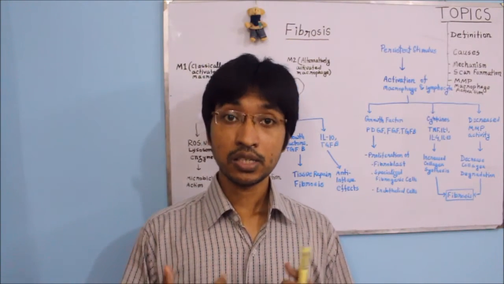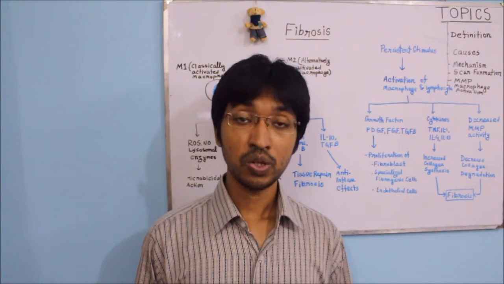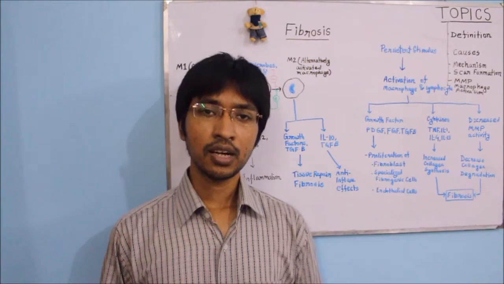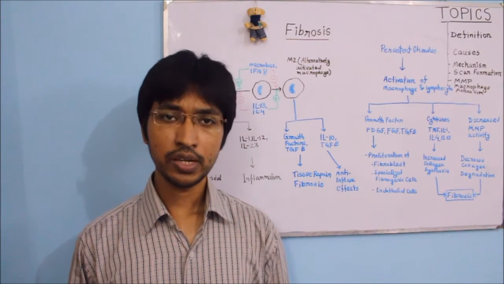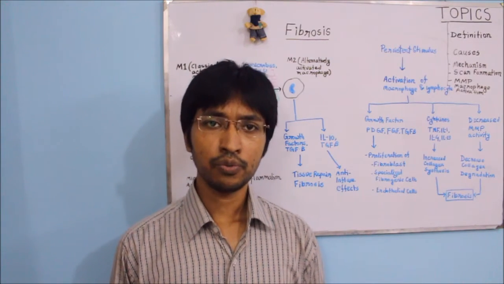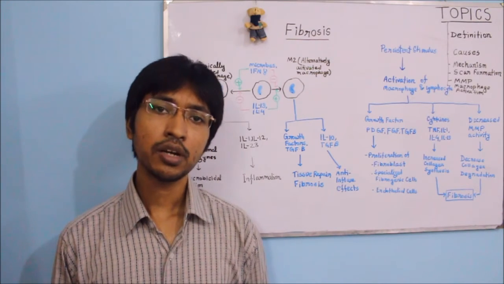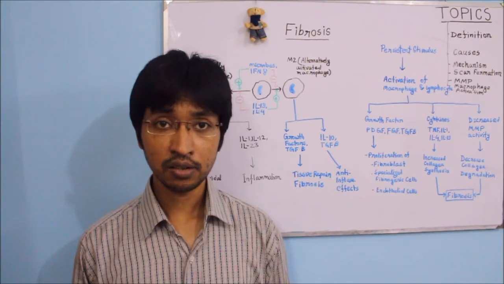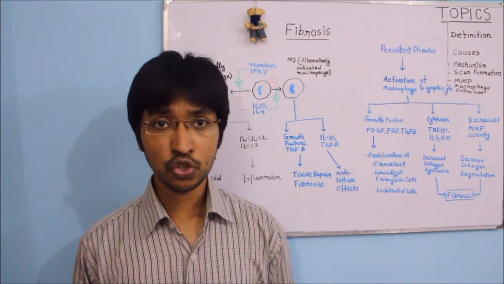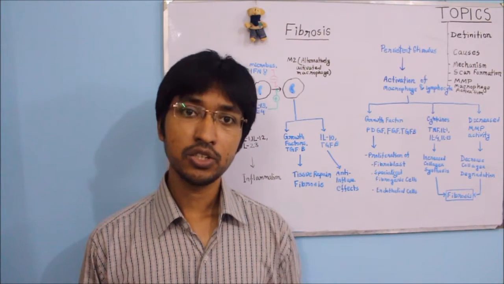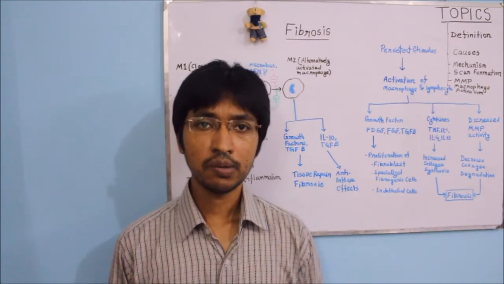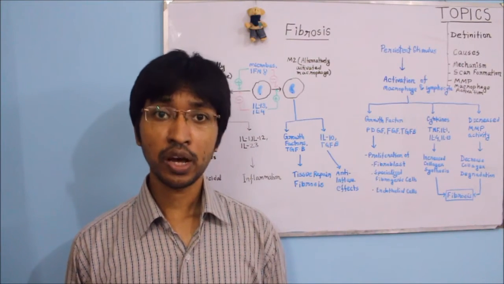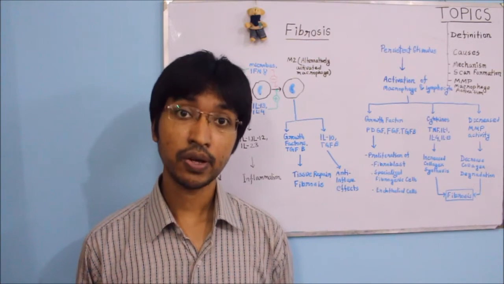Then the third stage of scar formation will come, and what will happen during the third step? Now, as the healing process progresses, the number of fibroblasts and the number of newly formed blood vessels that we had seen in the granulation tissue will begin to reduce. But at the same time, you have to remember that the fibroblasts will also have increased synthetic phenotype.